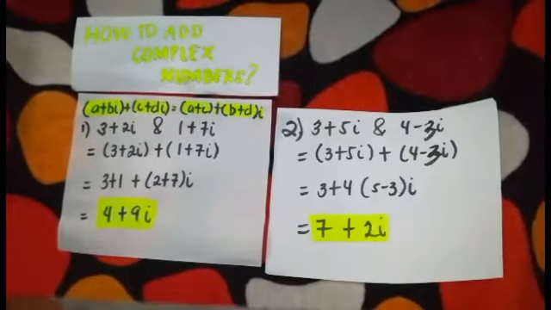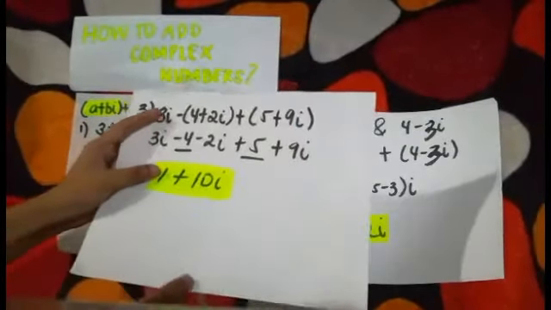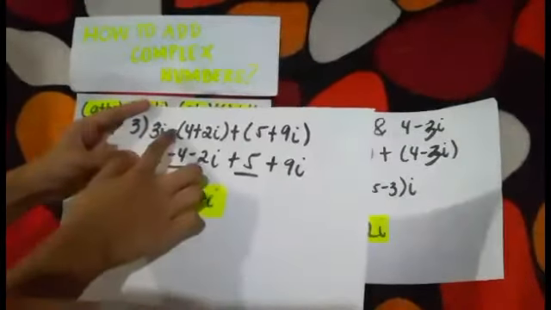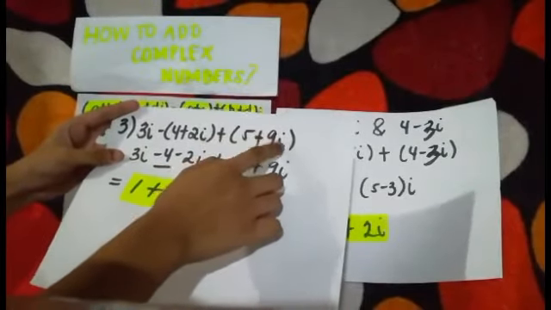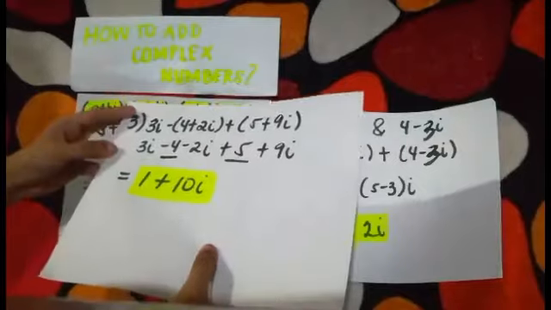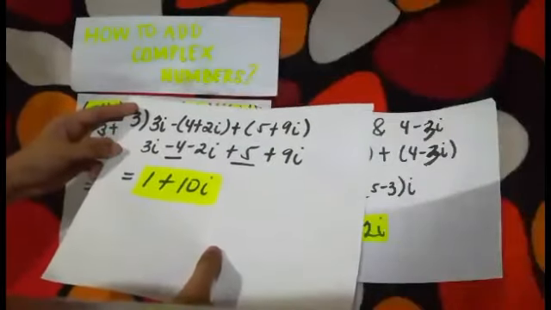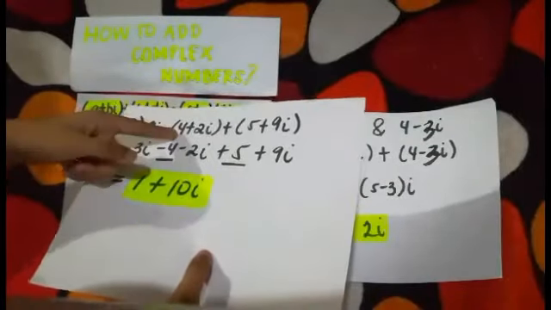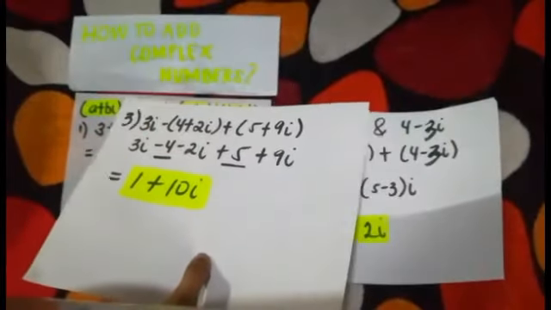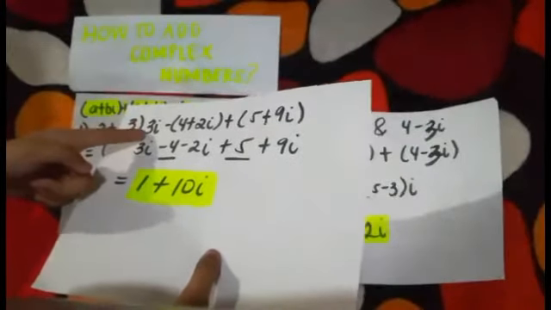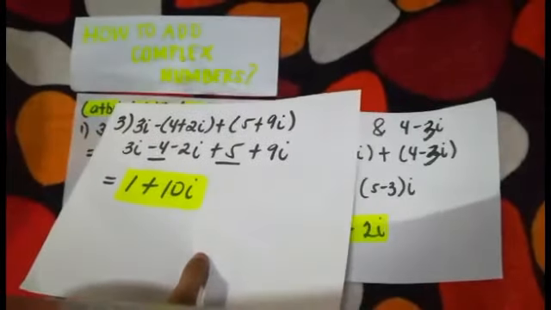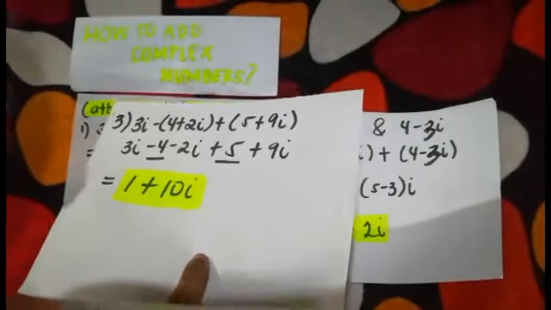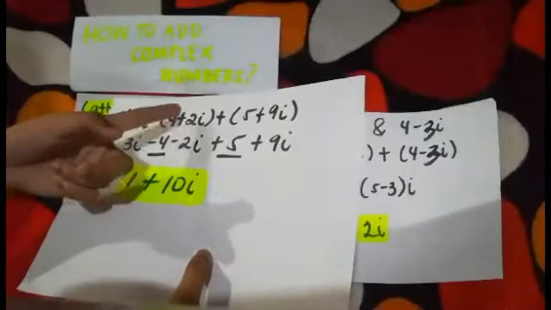The third example is this. 3i minus 4 plus 2i plus 5 plus 9i. The real parts are -4 and 5. The imaginary parts are 3i, 2i, and 9i. So we distribute this negative to this value.